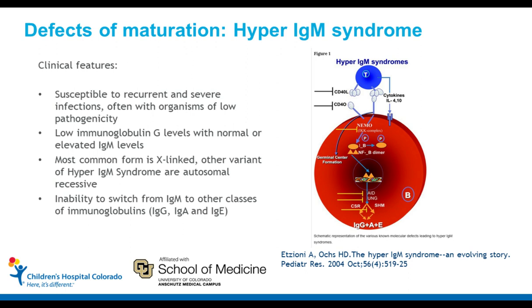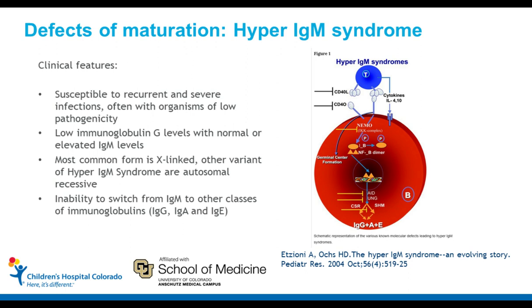So one of the syndromes that are often encountered with antibody defects of maturation is the hyper-IgM syndrome. Clinical features here are increased susceptibility to infections. In this case, the patients have very high levels or sometimes normal levels of IgM, but absence of IgG and IgA.